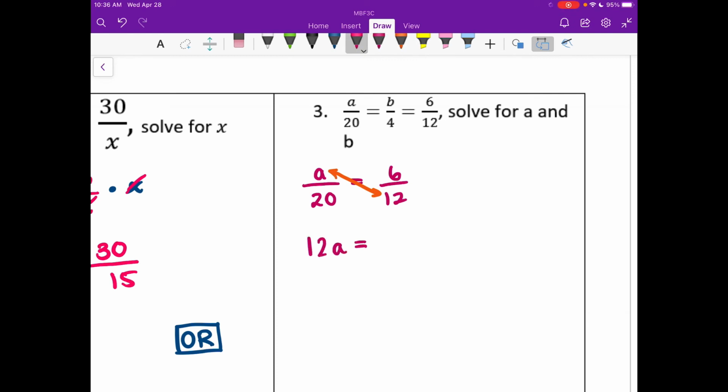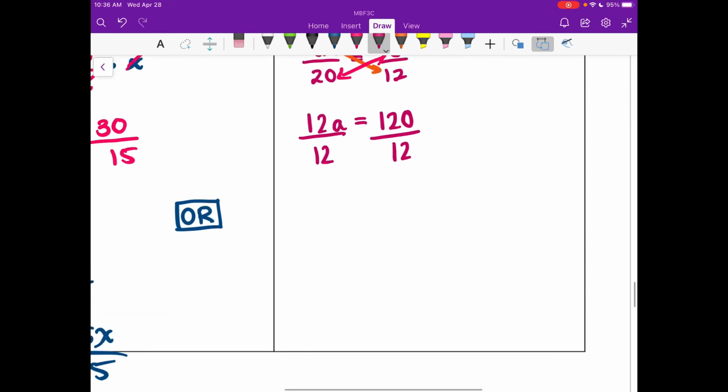And then I'm going to do 6 times 20, which is going to give me 120, right? And then I want to get rid of the 12 because I want the a by itself. So a is equal to 120 divided by 12, which is just 10. So a is equal to 10, right?